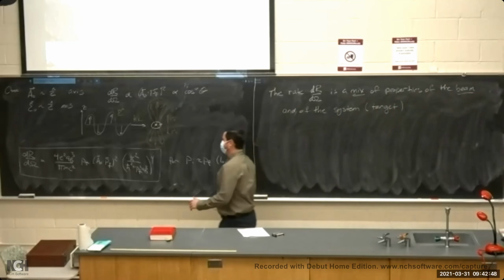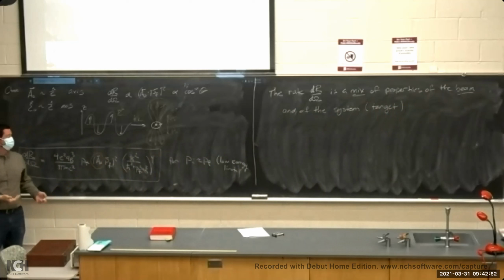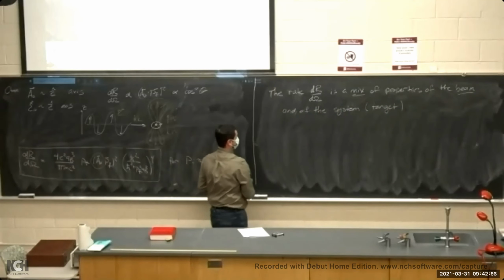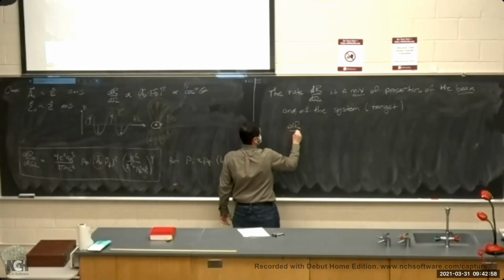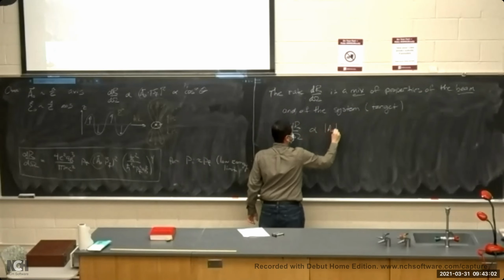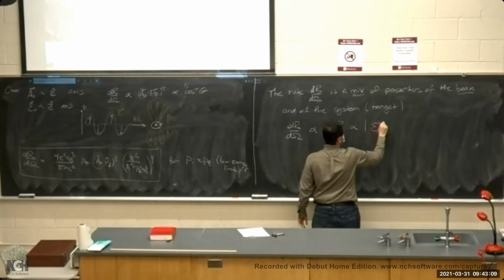So for instance, one thing that we see is that this answer is proportional to the intensity of the wave. It's proportional to the magnitude of the vector potential squared. dΓ/dΩ is proportional to A naught squared. And since A naught is itself proportional to the electric field, this is proportional to the electric field squared.